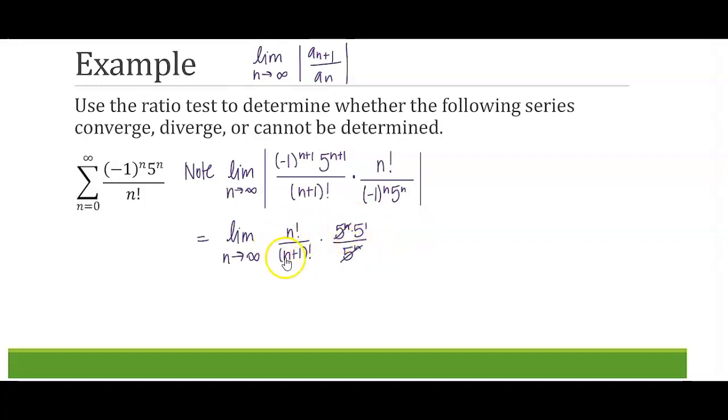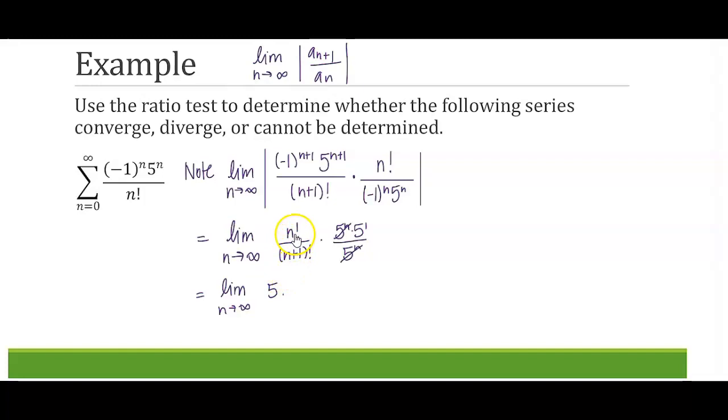But we have to think about what's going to happen here. So we don't just have n over n plus 1 like the last example. We have n factorial over n plus 1 factorial. So if we think about how factorials simplify, I'm going to go ahead and write the limit as n approaches infinity. I do have this 5 that's here, so I'm just going to leave the 5 in the front for now.